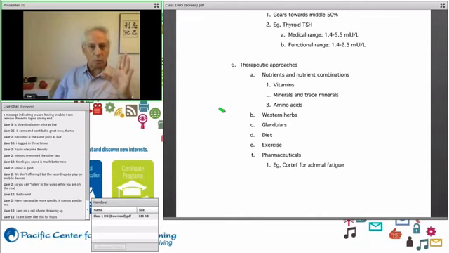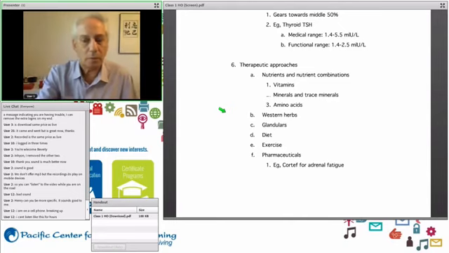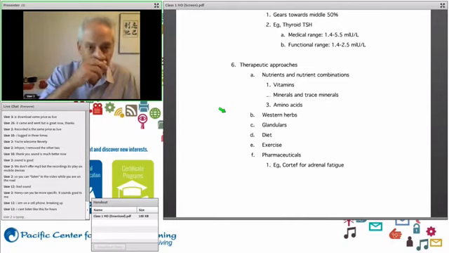The reason they're using one isolated herb is because they have scientific research on it. So, you know, they'll just take glycyrrhizin as a single herb and so on.